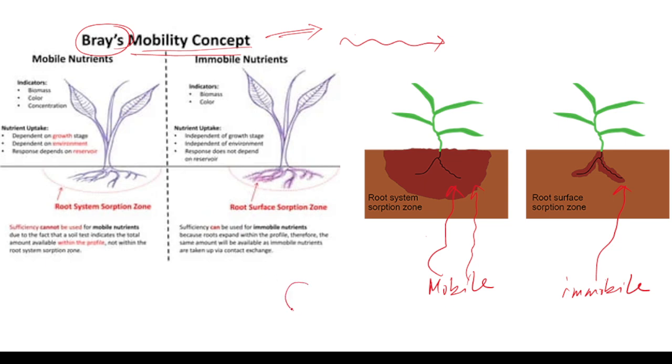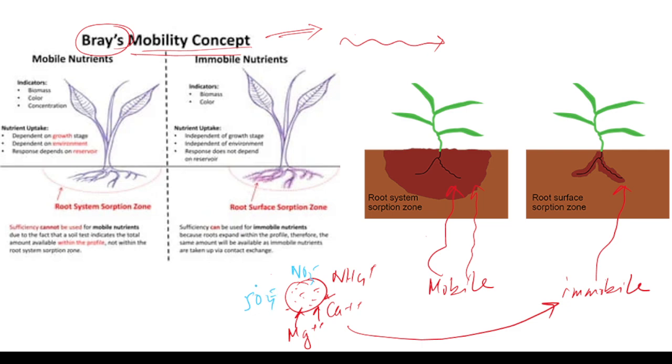Generally soil clay has a negative charge. So generally cations like ammonium, calcium, magnesium attach to this clay surface. So they are immobile. And which are the mobile elements? Those which are negative in charge, like nitrate, sulfate.